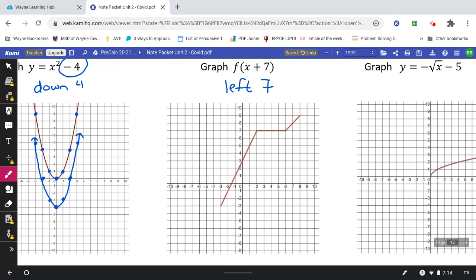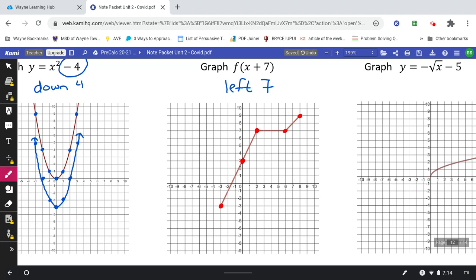Again, we're going to identify several points on our graph and then move those points left 7. So I'm just going to make sure I get all the ones that are going to give me the basic shape. I'm going to do that point right there. Maybe this point right here. I know there are several more that I could use, but I don't want to spend all day doing this. So I'm just going to get some of the main ones. I feel like if I graph those 5 points and scoot them over to the left 7, I'll have a pretty good idea of that shape.